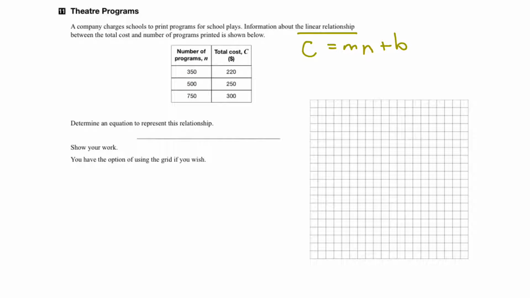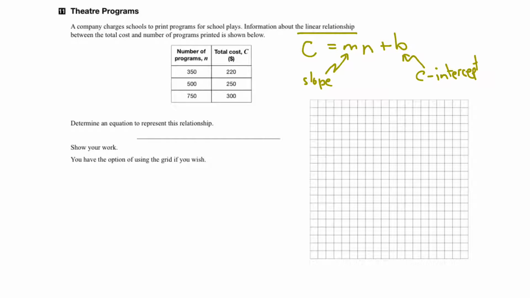Now, as always, m would represent the slope and b would represent the c-intercept. So if we can find values for slope and c-intercept, we'll have our equation.